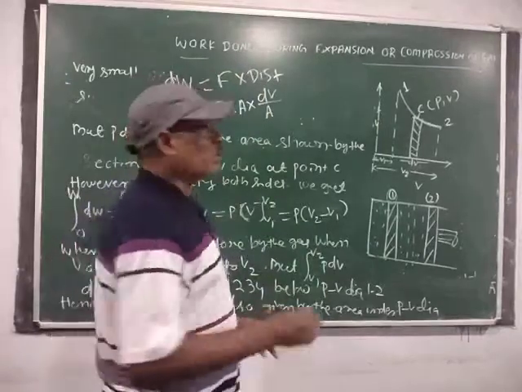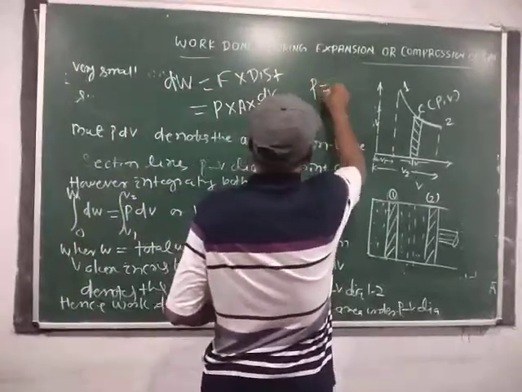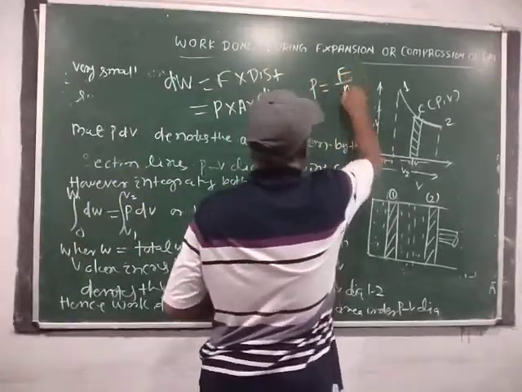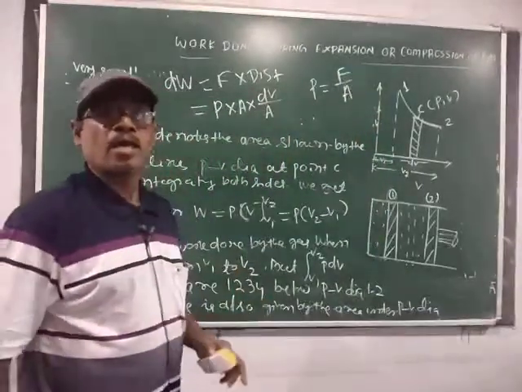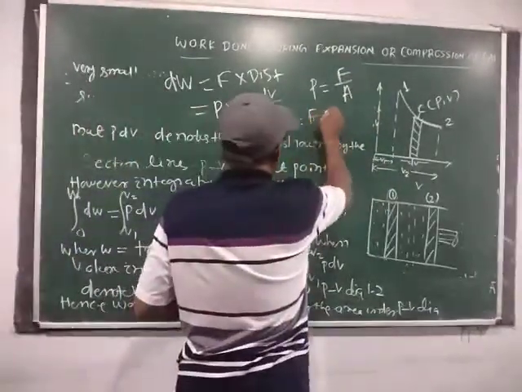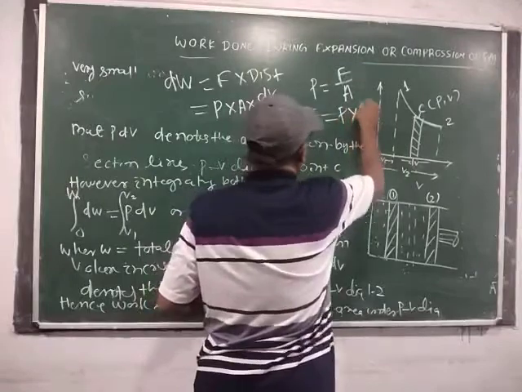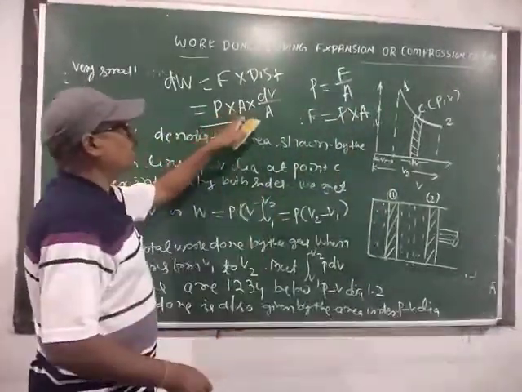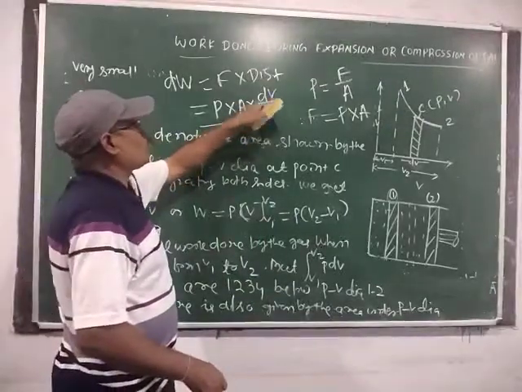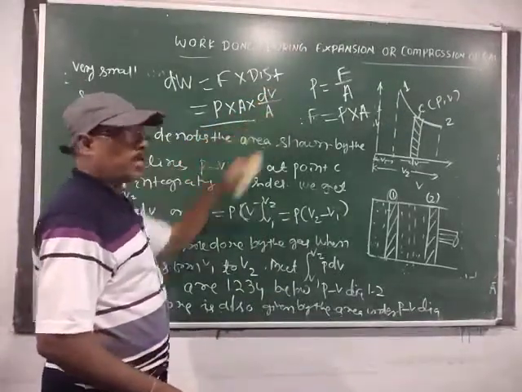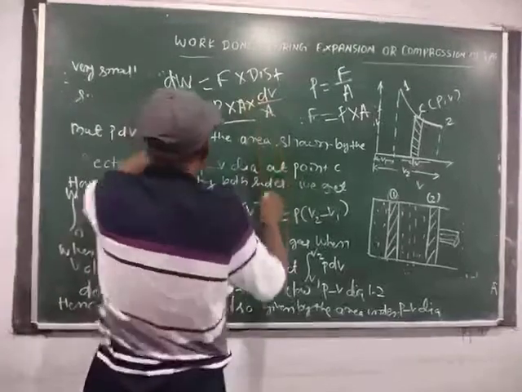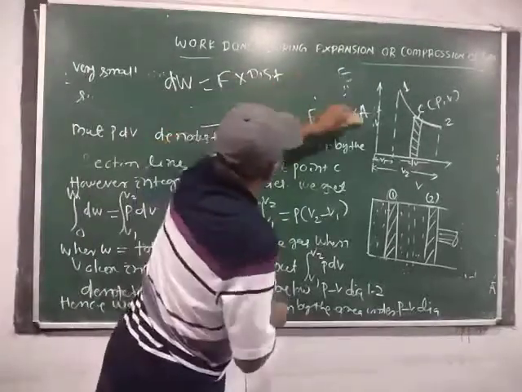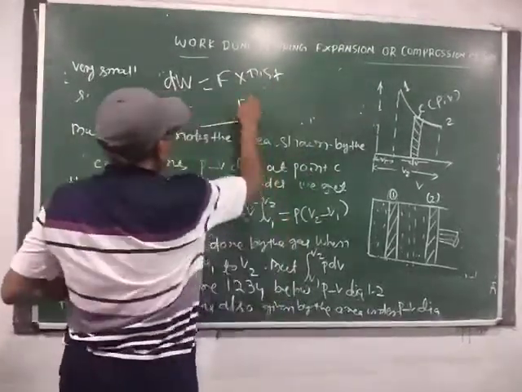Because we know that pressure is equal to force by area. Therefore, force is equal to P into A. Therefore, P into A into distance means dV by A, A cancels, equal to P dV.